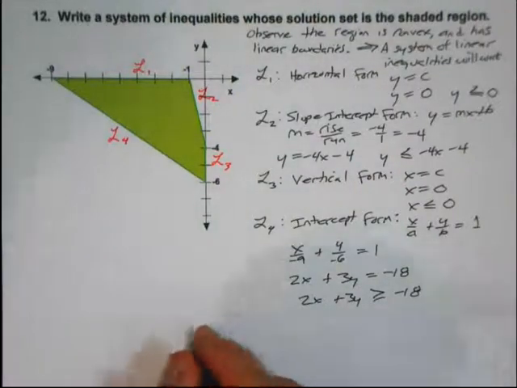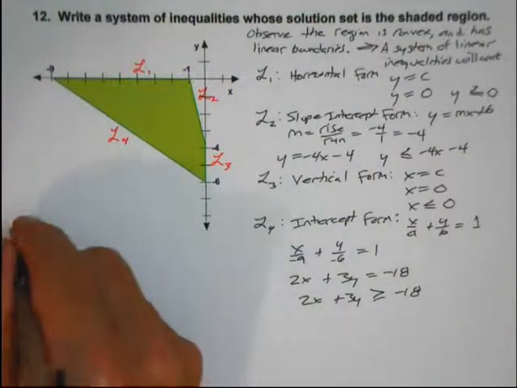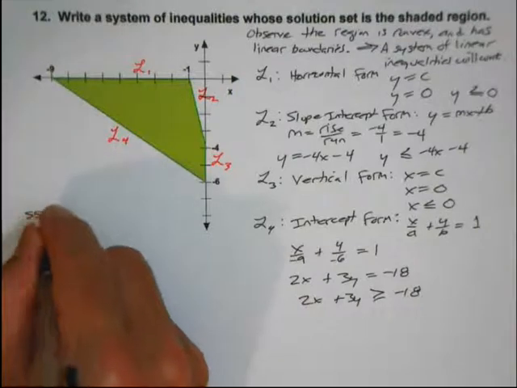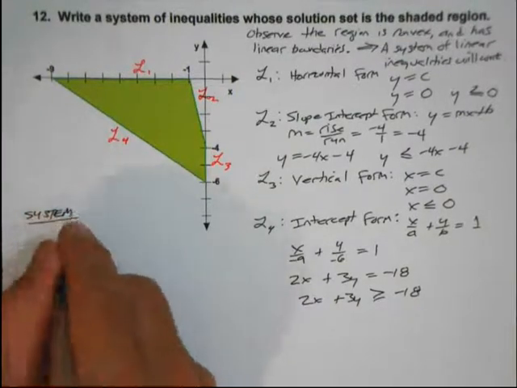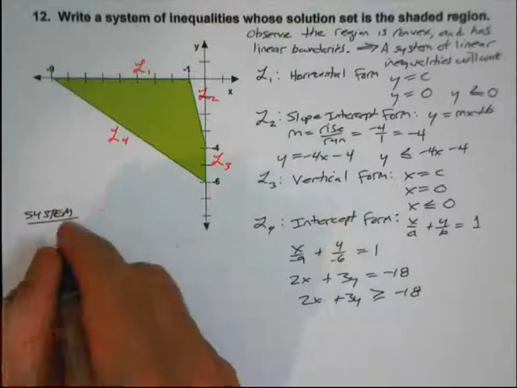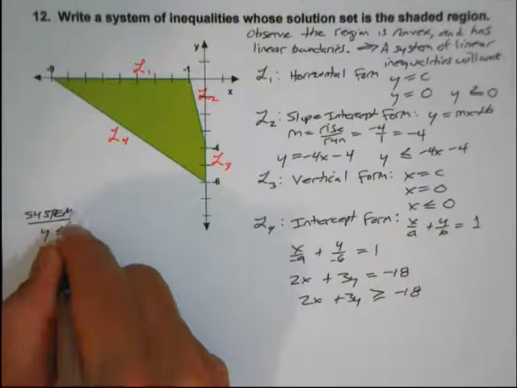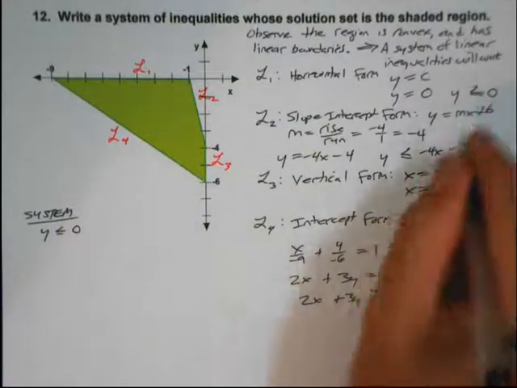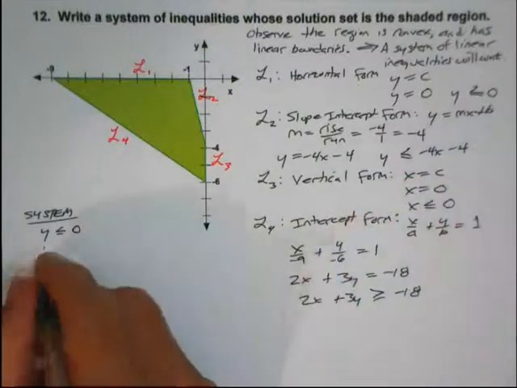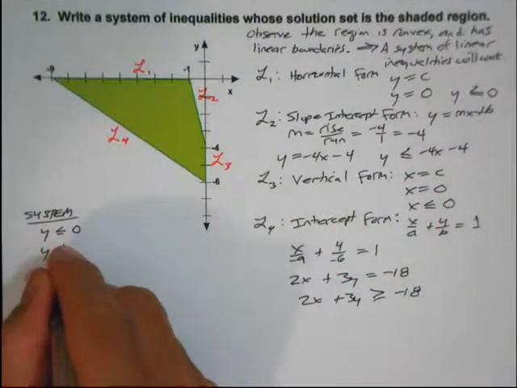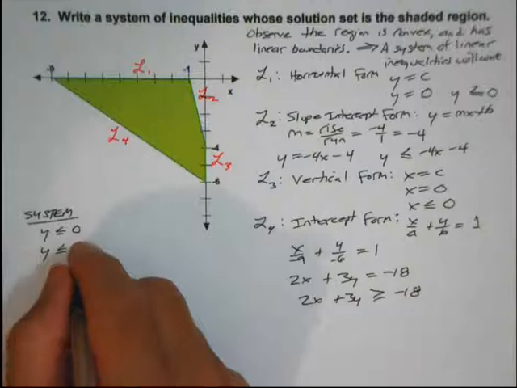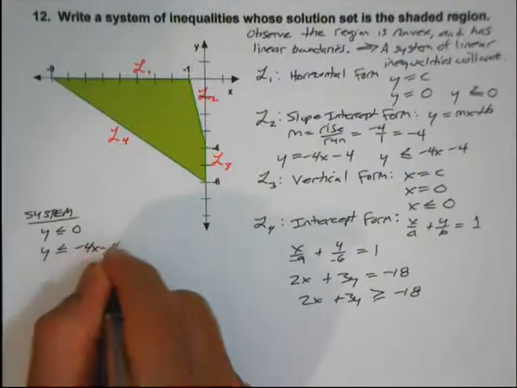Let's put our system all together here. We have y less than or equal to 0. We also include y less than or equal to negative 4x minus 4.